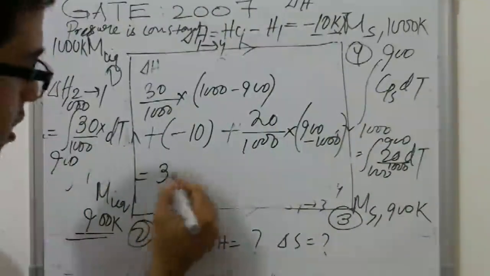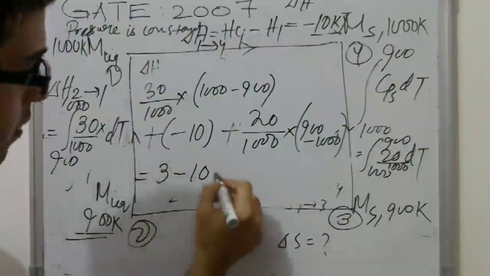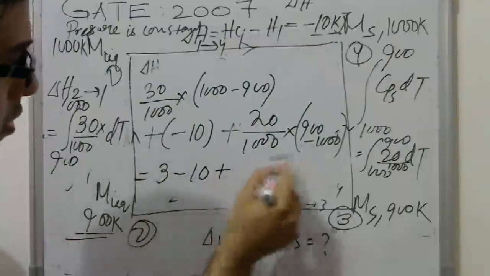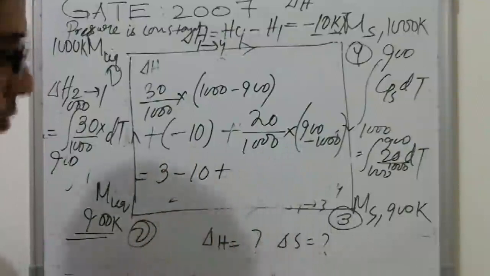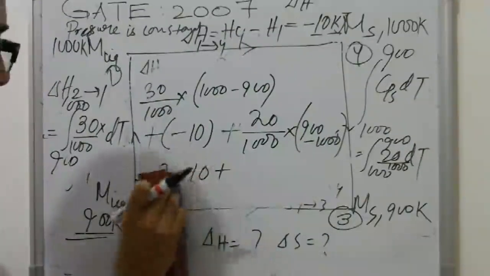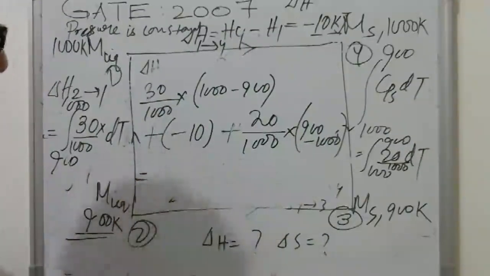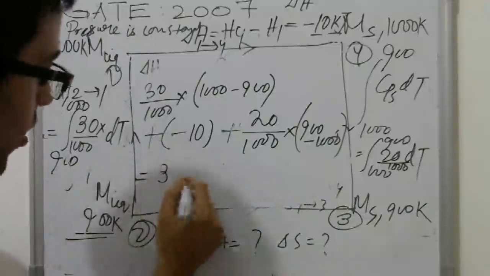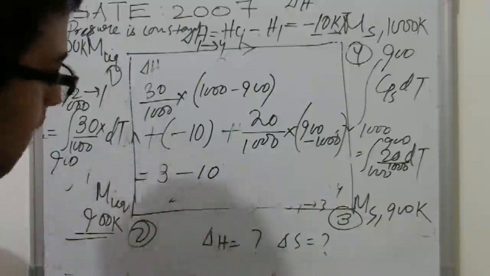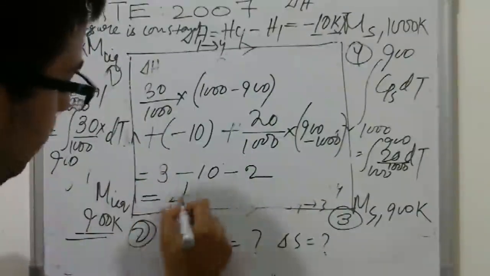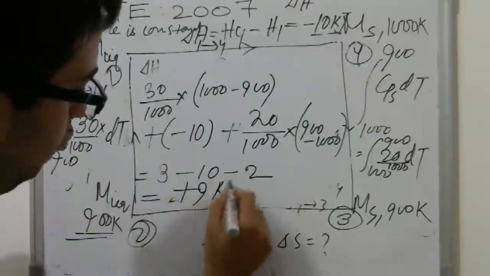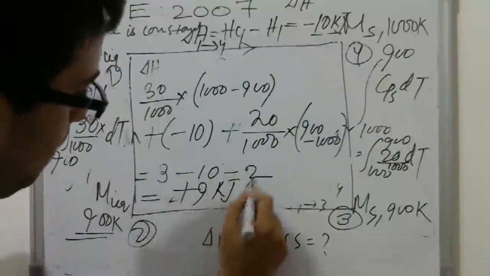So 3 minus 10 plus, sorry, yes, this is 3 minus 10 and this is minus 2. So plus 9 kilojoule per mole.